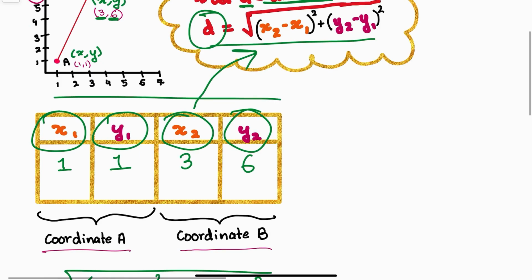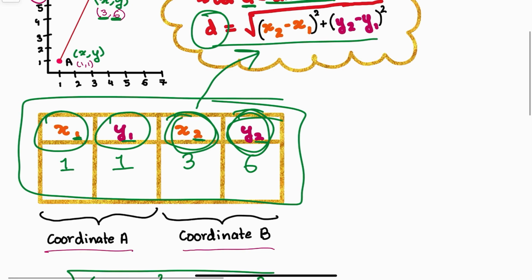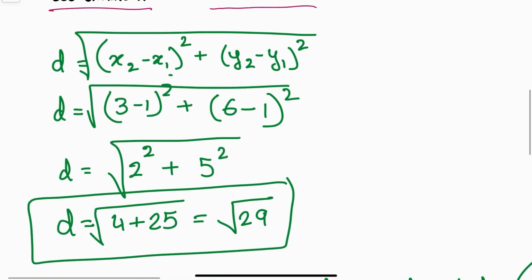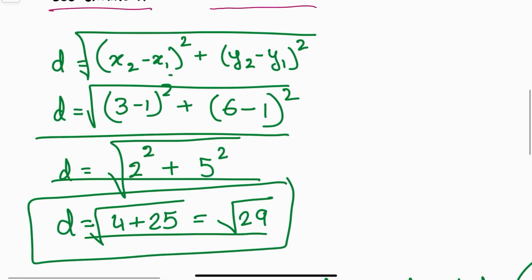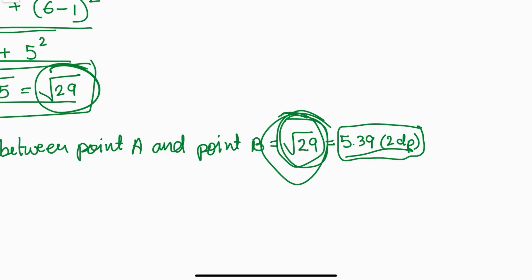We made a table over here to find out what our x1 and y1 and x2 and y2 values are, and we just paired up the ones with the same subscript, and we said that x2 and y2 are the x and y values of one coordinate, similar with x1 and y1 values. And then we went ahead and plugged in our values over here. Then we kept simplifying. We got an under root value like that, and we can plug it into our calculator to get a decimal value. We can round it to 2 decimal places, 3 decimal places, depends on your teacher's preference, but that is all you need to know.